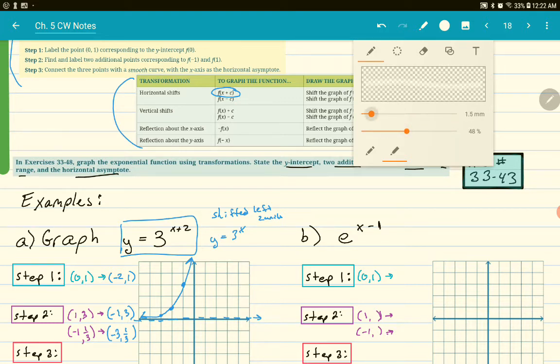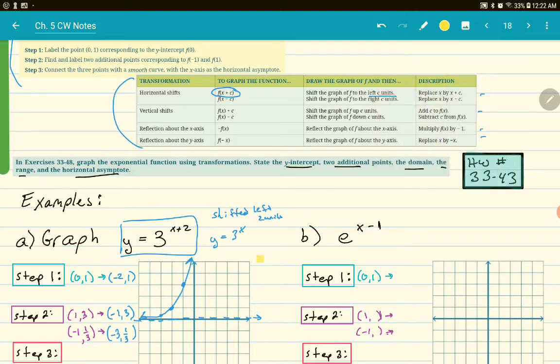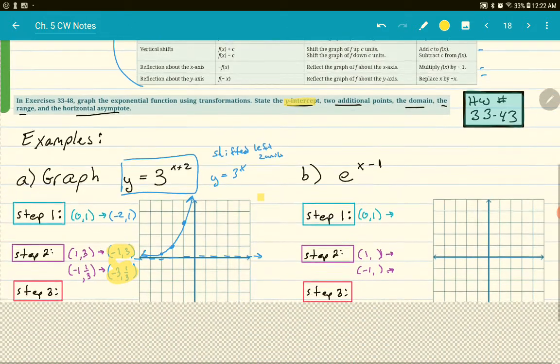Whoops, let's do a little yellow here. We did our 2 additional points anyway. So let's find out the y-intercept. The y-intercept is what is y when x is 0?